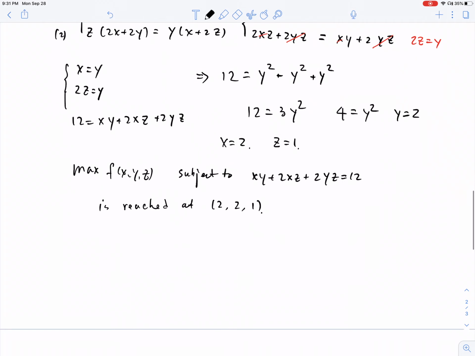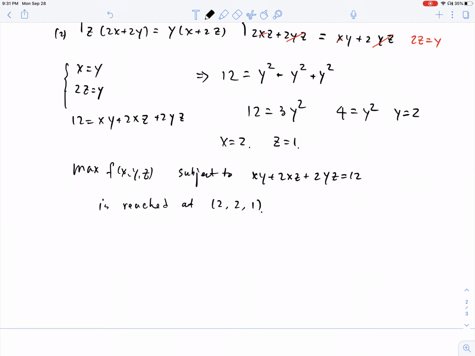Okay, and the maximum value is equal to the following. So we put it inside. The value is going to be 4. f of 2, 2, 1 is 2 times 2 times 1, and is equal to 4.